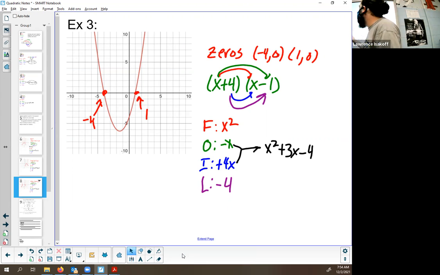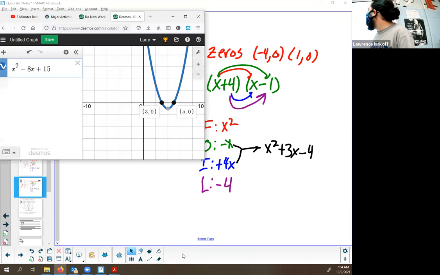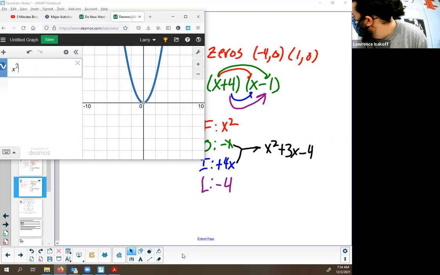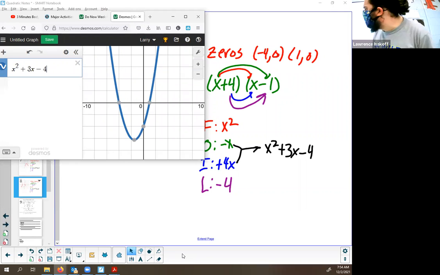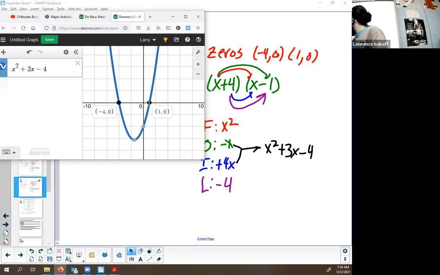So again, what I want to do is look at this visually. Oh, there's my graph. So I need to change this equation to x squared plus 3x minus 4. Again, I can click here and here. Yep, that looks pretty good. I could even find the minimum if I want.